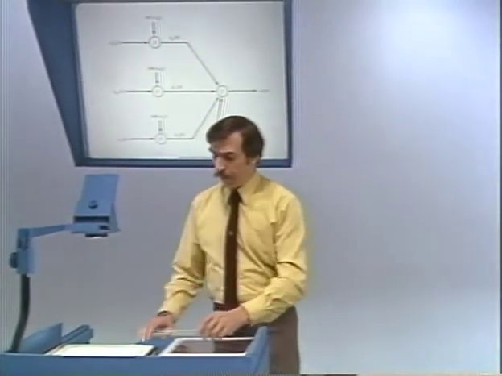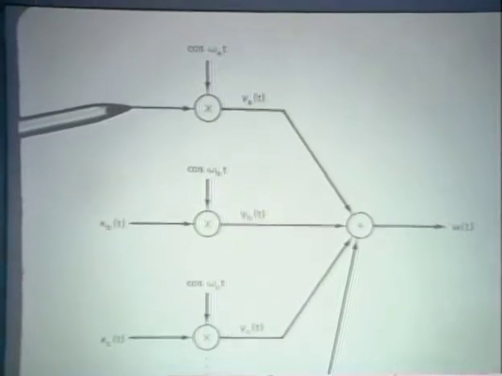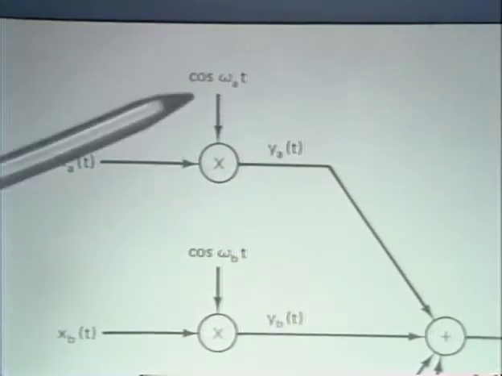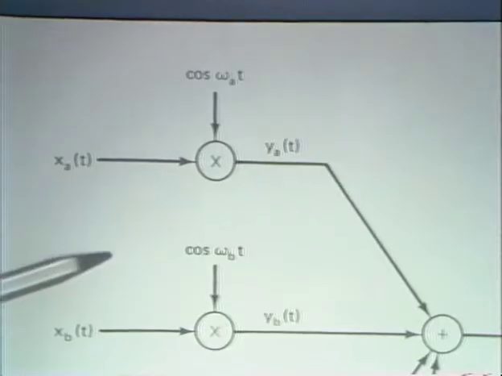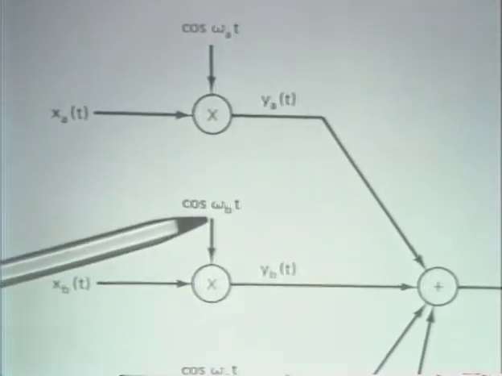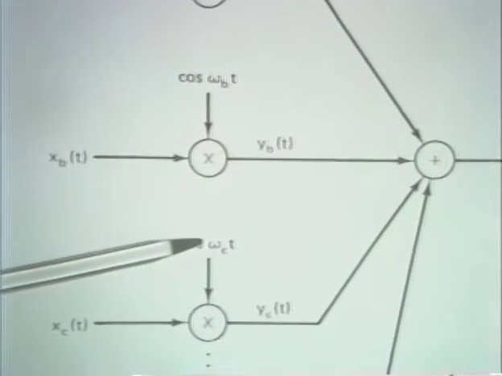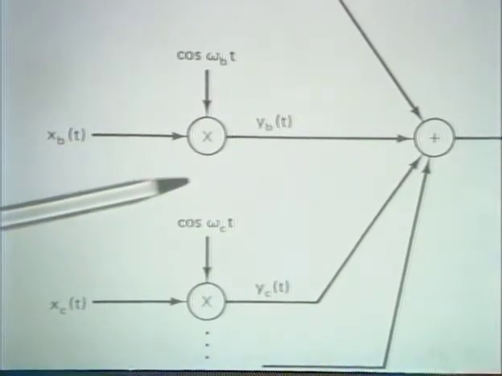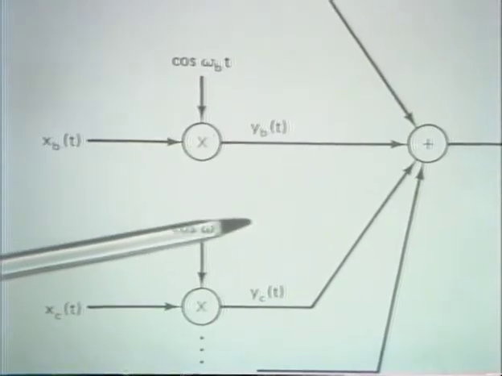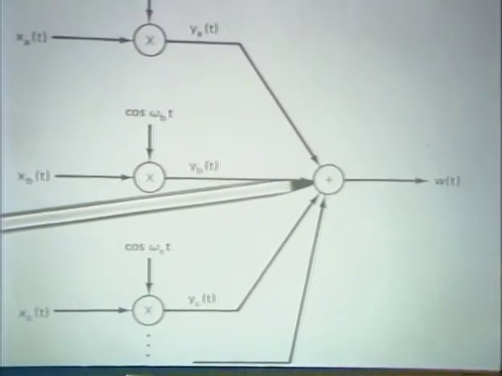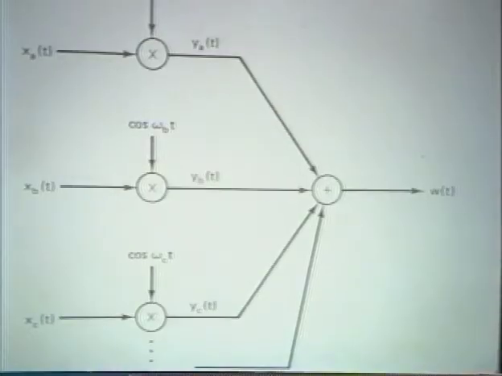We could think, for example, of taking one signal and modulating it onto one carrier with one carrier frequency, taking a second signal, modulating it onto a different carrier frequency, taking a third signal and modulating it onto a third carrier frequency, etc. And if we choose these carrier frequencies appropriately, then in fact we can add all those together and do it in such a way that the spectra don't overlap and end up with one broader band signal that incorporates the information simultaneously in all of those signals.